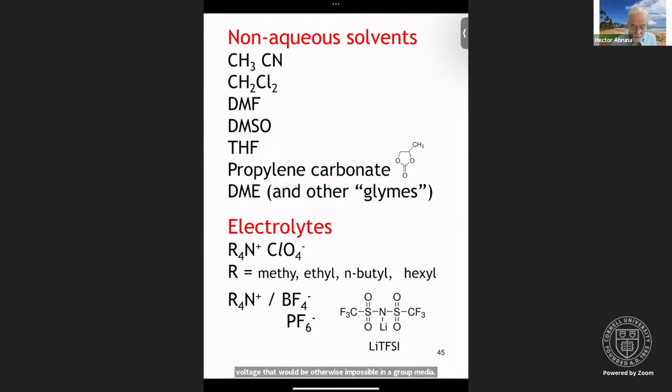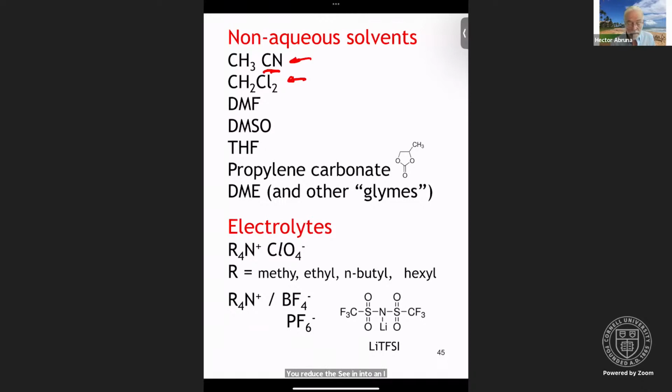Non-aqueous solvents, perhaps the most widely studied, are acetonitrile and methylene chloride or dichloromethane. You have to make sure that they're dry. Acetonitrile is notoriously difficult to dry because if you use a strong reducing agent, you reduce the CN into an amine, and then you get a mess.